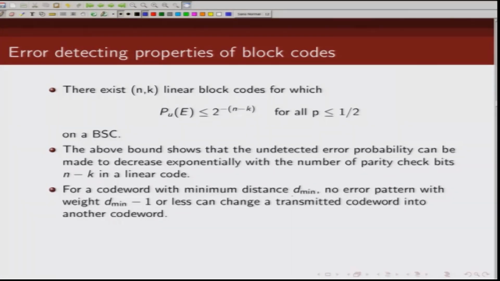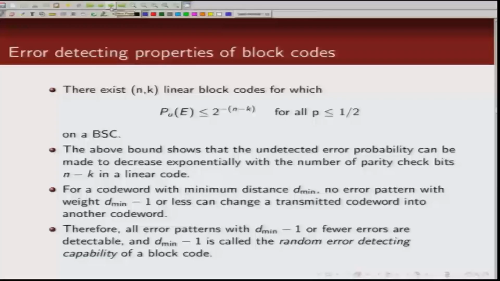Now, if we have a code word with minimum distance d min, we know that any error pattern of weight less than or equal to d min minus 1 is not going to change that code word into any other valid code word. So, in other words, if there is an error pattern of weight d min minus 1 or less, then it cannot change a valid code word into another valid code word.